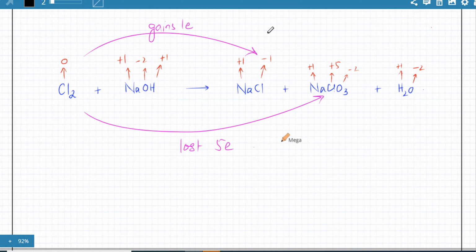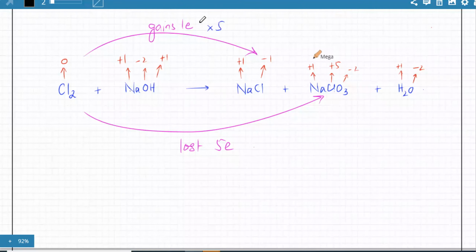You're going to do the same thing exactly. How do you balance that? Cl is losing 5 electrons. At the same time, there's another Cl that's gaining 1 electron. So I need to multiply the first one with 5 and this one with 5.